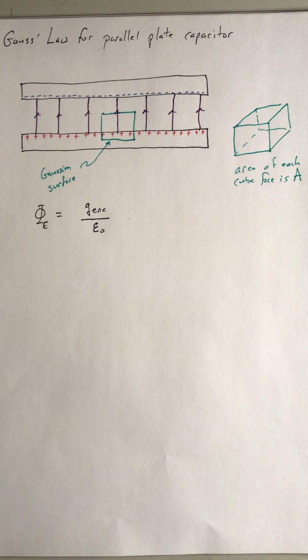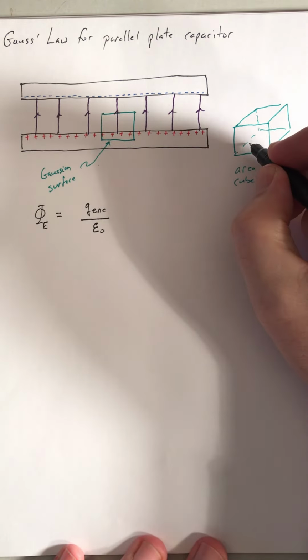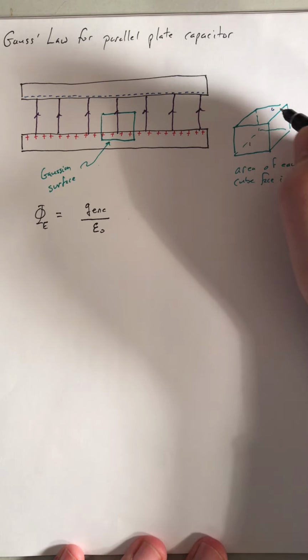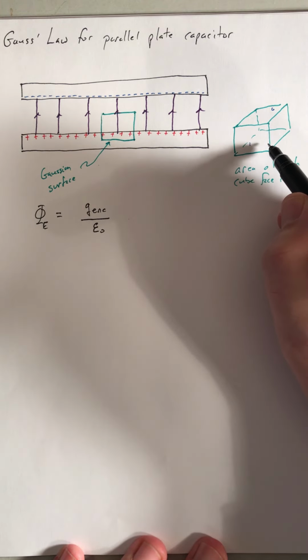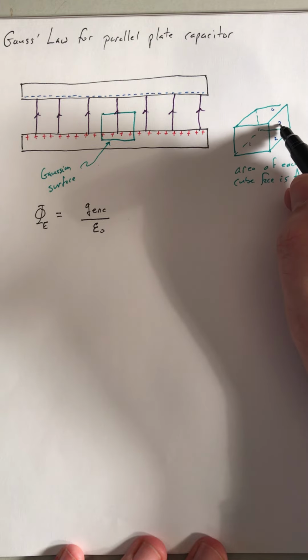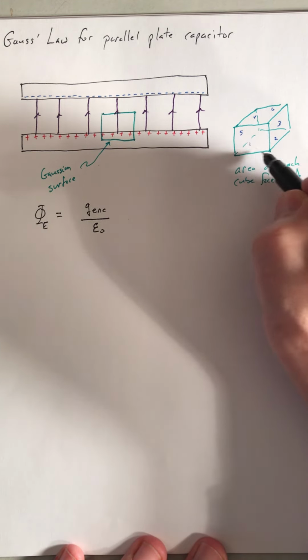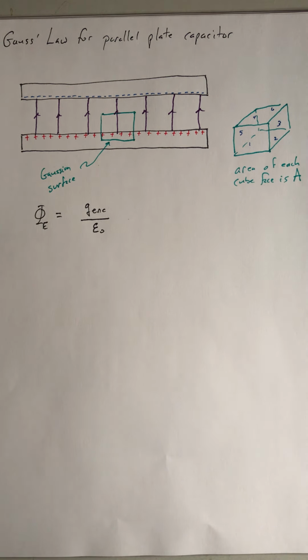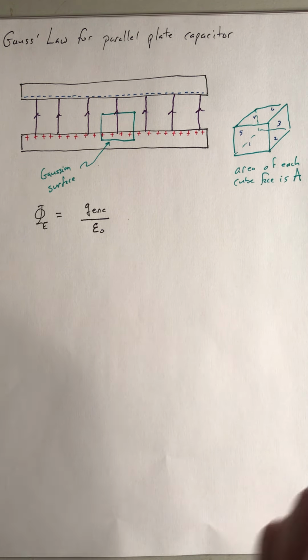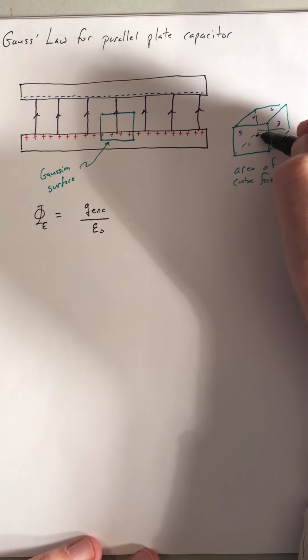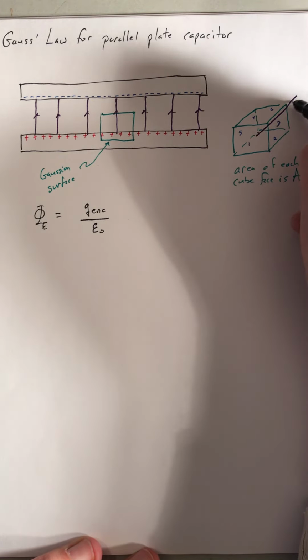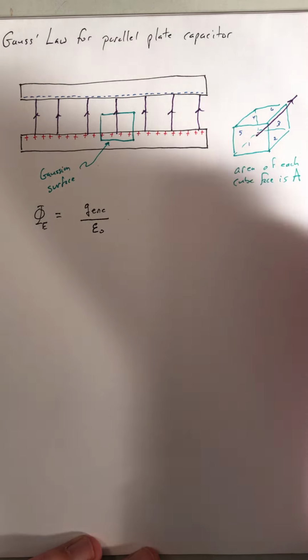Go ahead and label these surfaces, so we'll call this 1, so on the opposite side that's 6, and then we'd have sides 2, 3, 4, and 5. And that's just to be able to talk about it. The electric field lines are going to be beginning inside the cube and then extending through face 6.